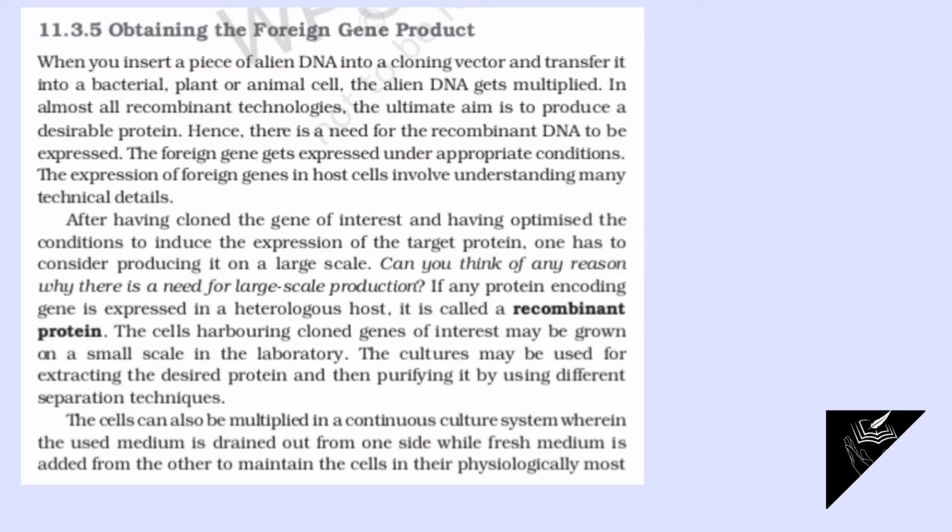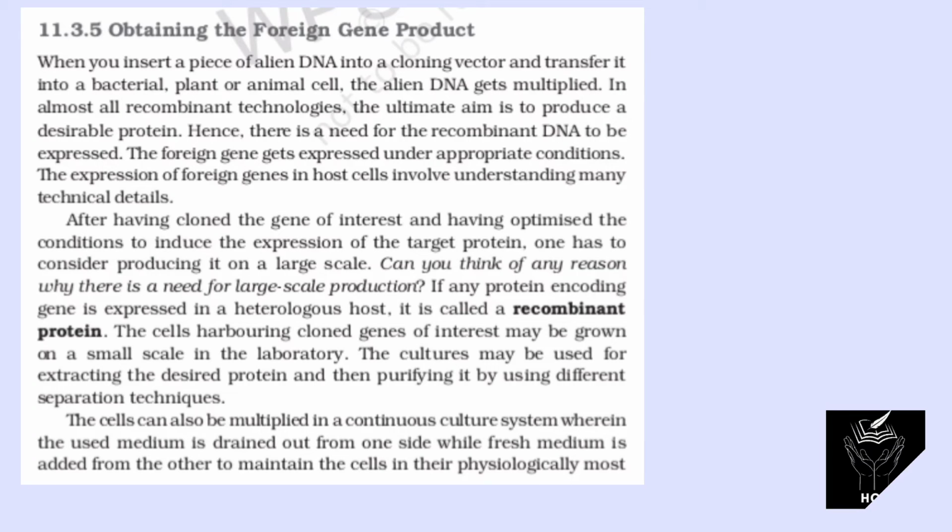The cells harboring cloned genes of interest may be grown on a small scale in the laboratory. The cultures may be used for extracting the desired protein and then purifying it by using different separation techniques.